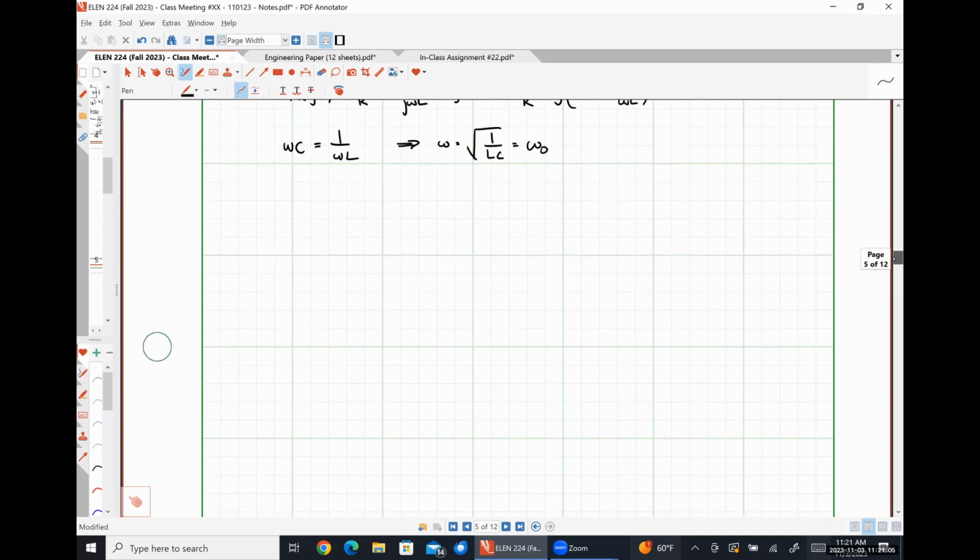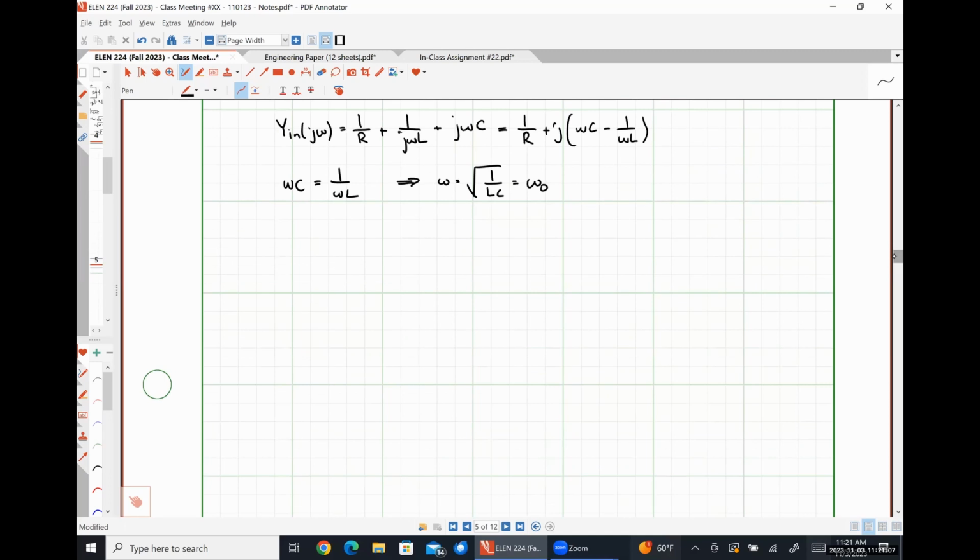So if we looked at the admittance as a function of frequency, here's omega. Let's put omega naught here in the middle. This is the magnitude of Y as a function of j omega.